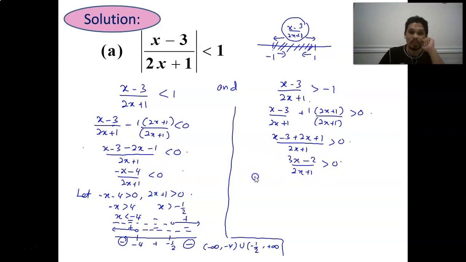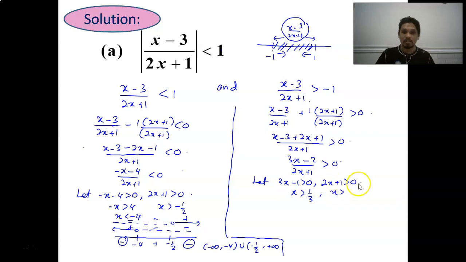But when we assume both of these linear, we assume these two, 3x minus 2 greater than 0 and 2x plus 1 greater than 0. Just assume that both are positive or greater than 0. Okay? And then it is now x greater than negative 2 will become positive, divided by 3, 2 over 3, and x greater than negative 1 over 2.